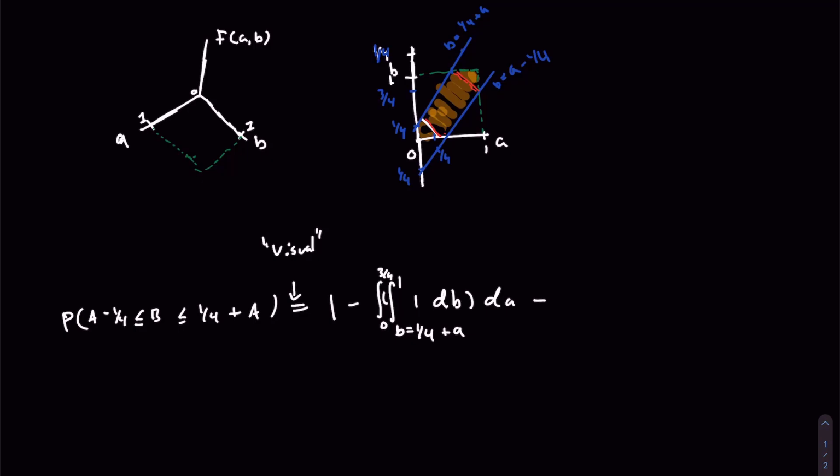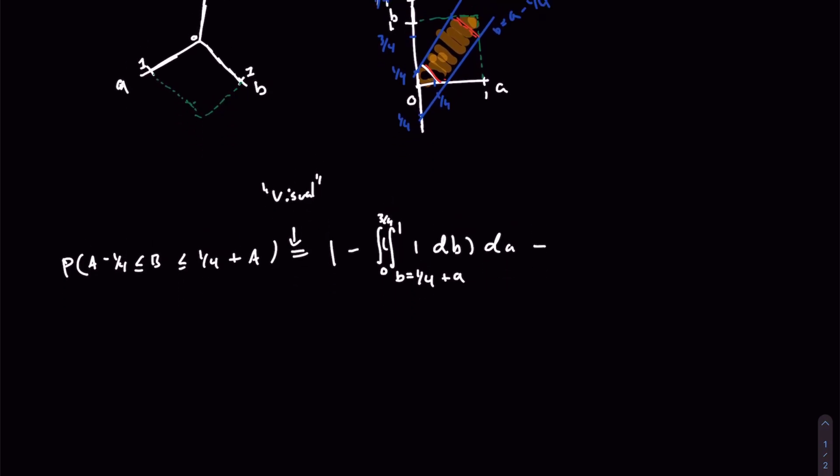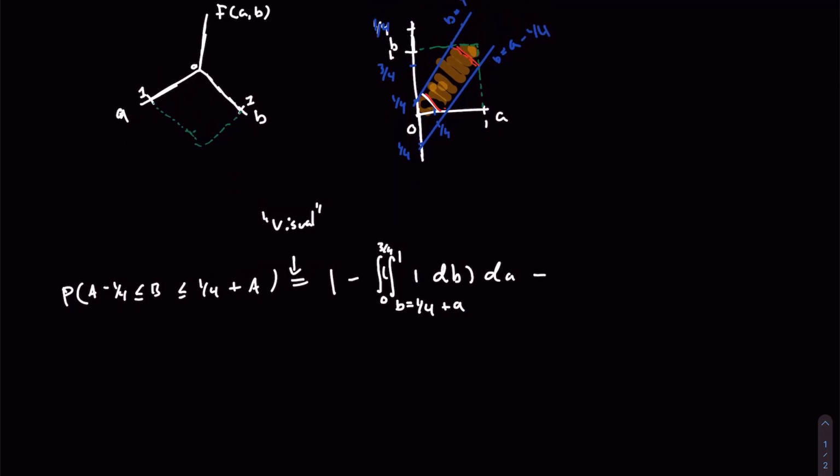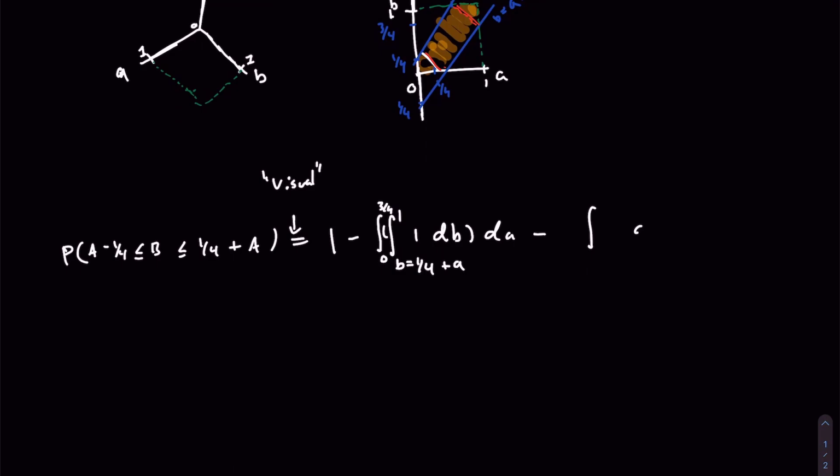And now we are subtracting off the other triangle, and let's reason about it in the same way, just to write out everything in detail. The inner integral, I'm going to integrate with respect to b.